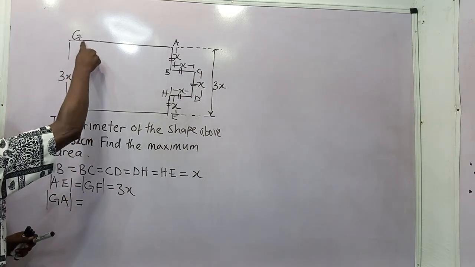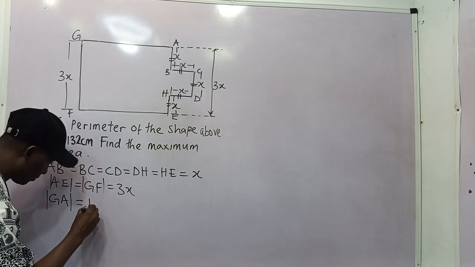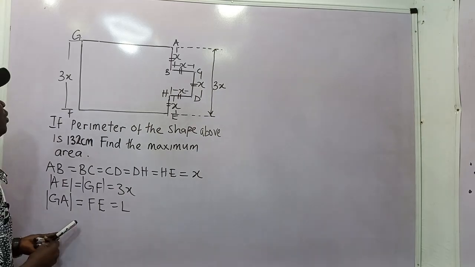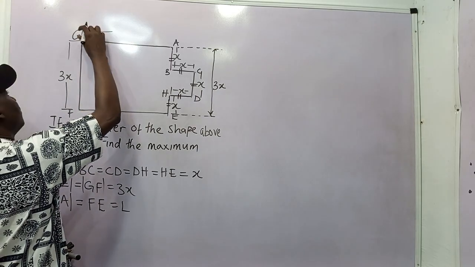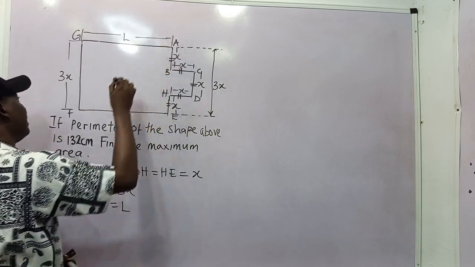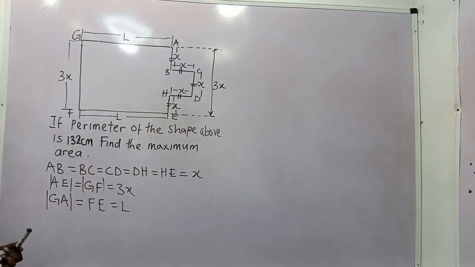So I can actually say GH is equal to FE. Let's call it L. So if I call here L, from here to this place, let's call it L, and let me call this place L also. Now, I think we have completed all the necessary parts of the shape.